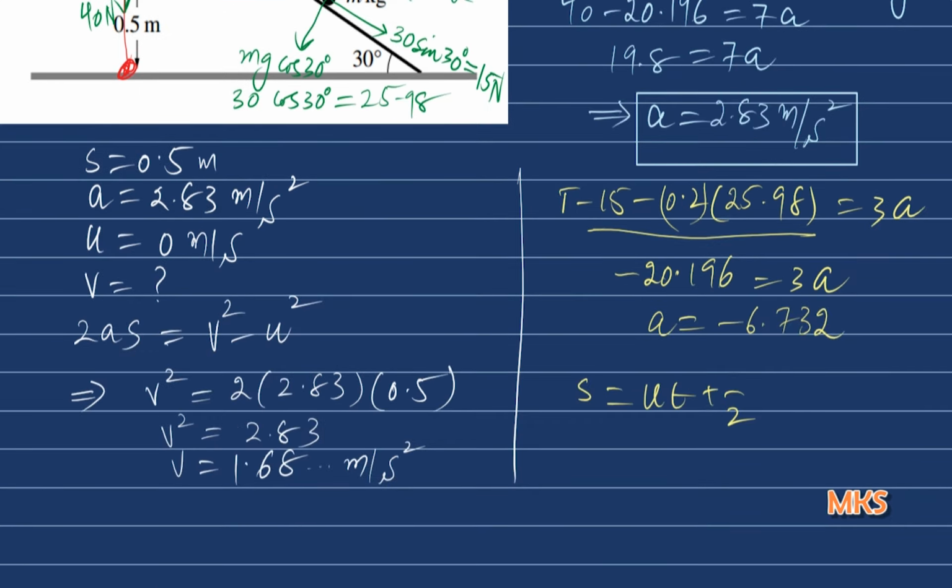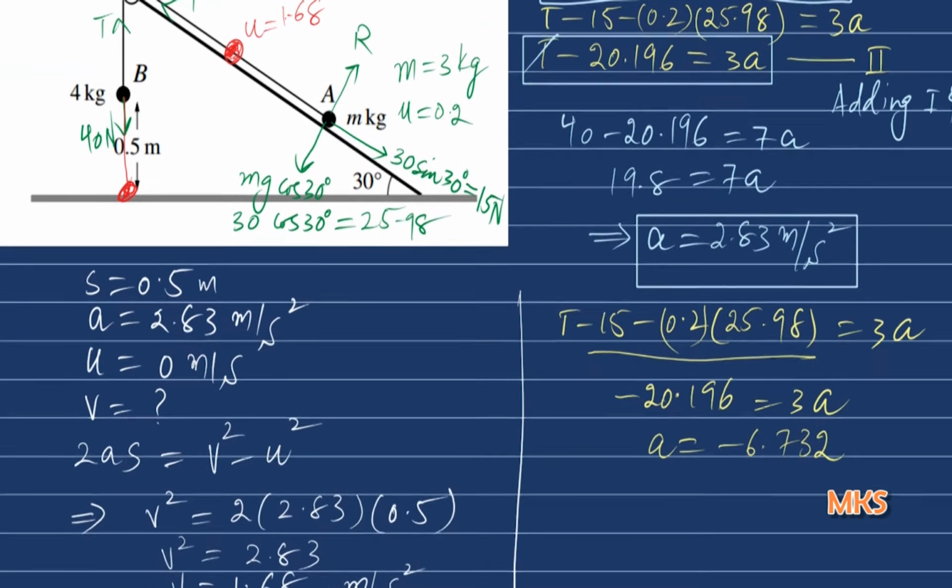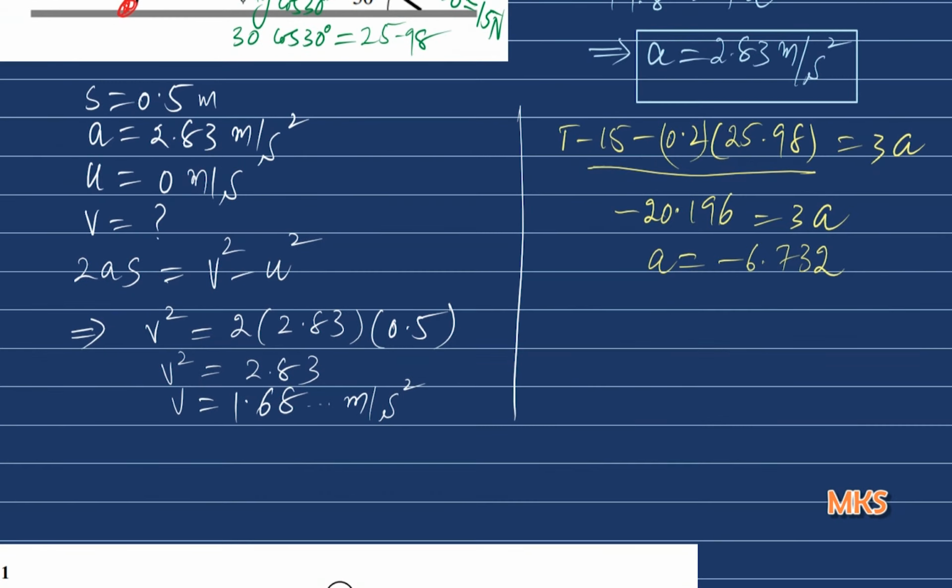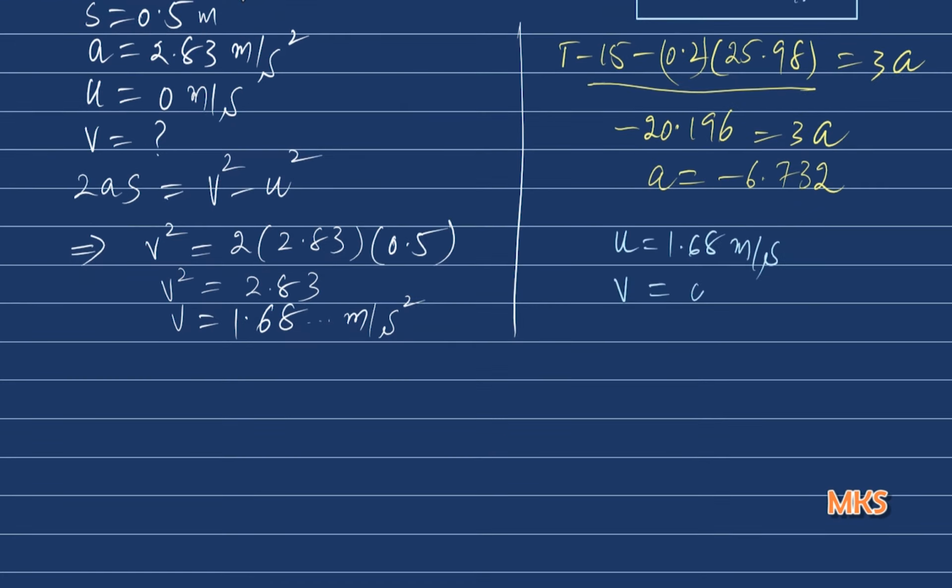Actually, we need the distance covered in the second segment. So we know, as I have mentioned, u is 1.68 meter per second. v is 0. a is minus 6.732. We will apply the formula 2as is equal to v square minus u square.